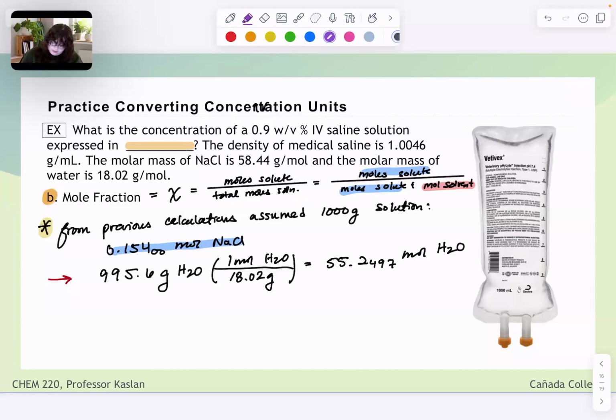So let's see if we can combine moles of solute and solvent to get total moles. I will do like a color combo, right? Red and blue make purple. So then total moles of solution is going to be our 0.15400 moles of sodium chloride, the solute, plus 55.2497 moles H2O.